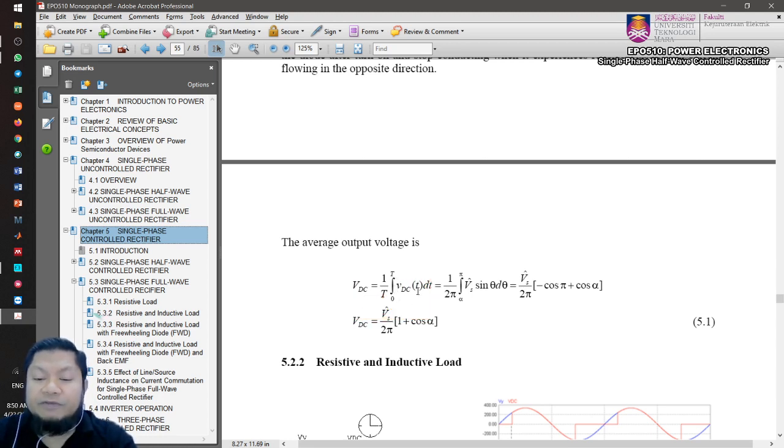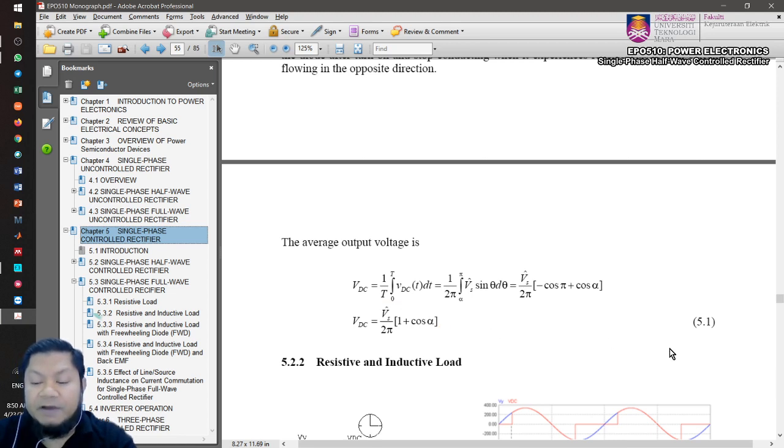Now when you evaluate the waveform, the limits change from alpha to pi, because you only refer to the controlled output voltage waveform, where the voltage only exists from alpha to pi. That's why you have the limits alpha to pi, V peak sine theta d theta. Solving that, you find the output voltage becomes VDC equals V peak divided by 2 pi, times 1 plus cos alpha.